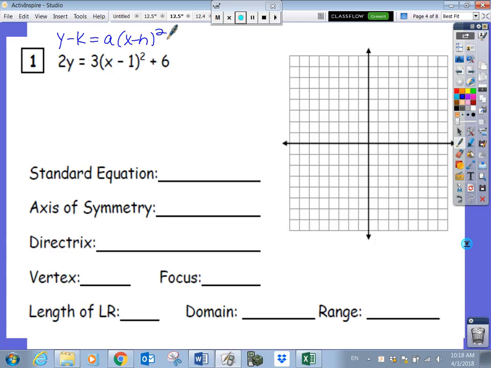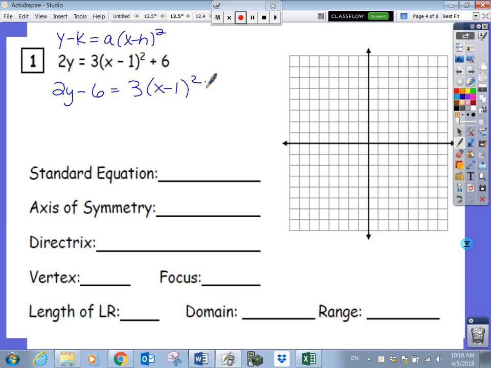So what that means is I have to rearrange some stuff. I don't have to complete the square. That's already done for me, but I do have to rearrange it to get it in standard form. So I need to bring this 6 over. Now it's a little bit closer. The only thing that's left now is this y value has to have a coefficient of 1. So in order to do that, I need to get rid of that 2.